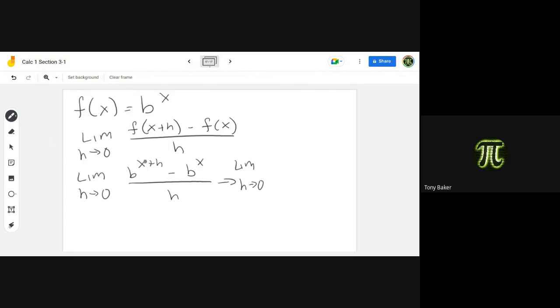So remember, when there's addition in the exponents, what does that mean? How can I split that apart? The bases are the same, so I'd add the exponents, right? So if I add the exponents, I can split it apart and just do it like that.